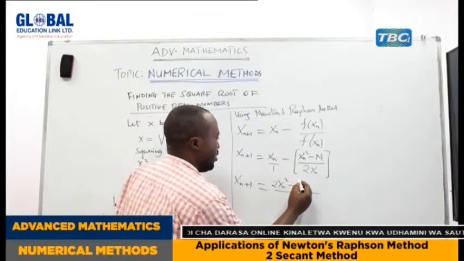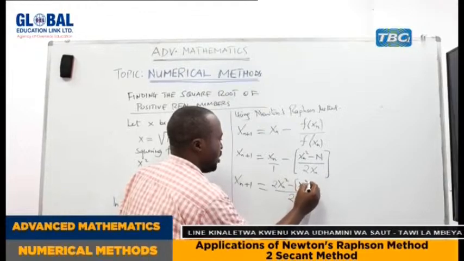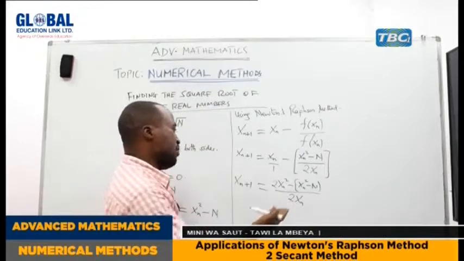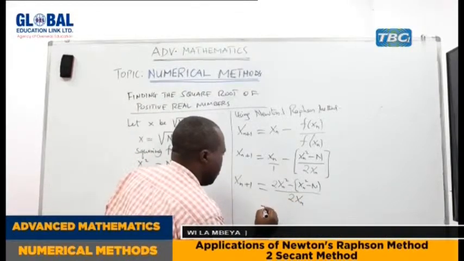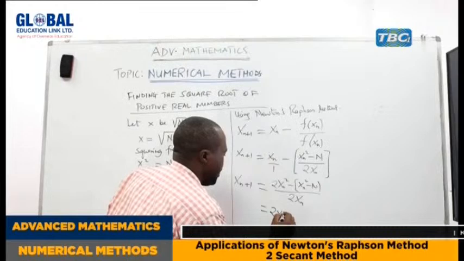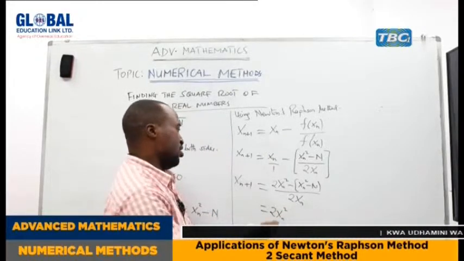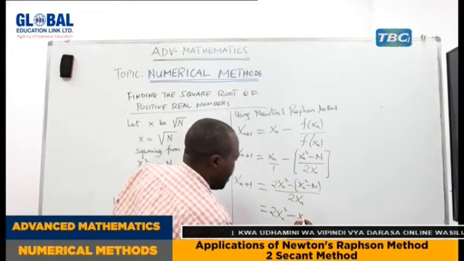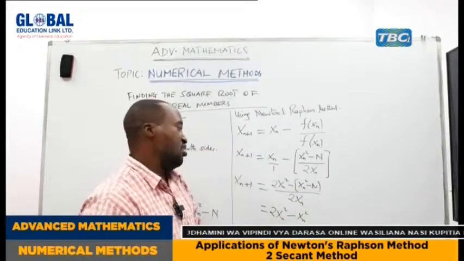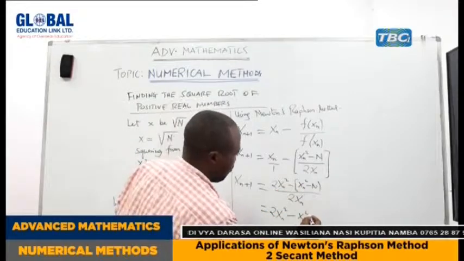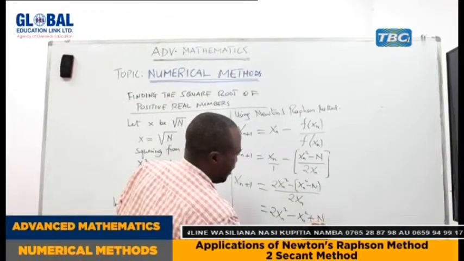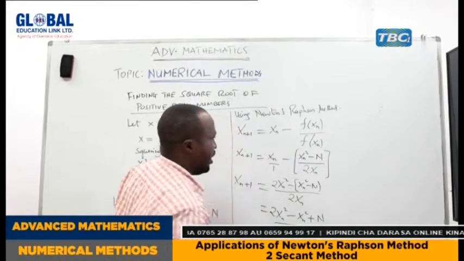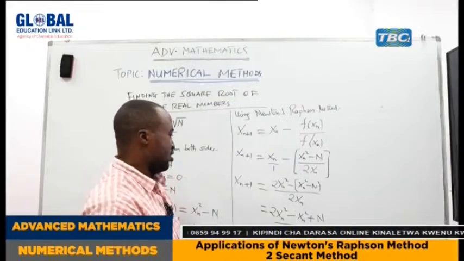So we are going to remain with xn squared minus n. Now it is time to open up the brackets. So we are going to have 2xn squared. Here we have negative times xn squared will be minus xn squared. Then again we have negative times negative, we are going to have positive n over 2xn.